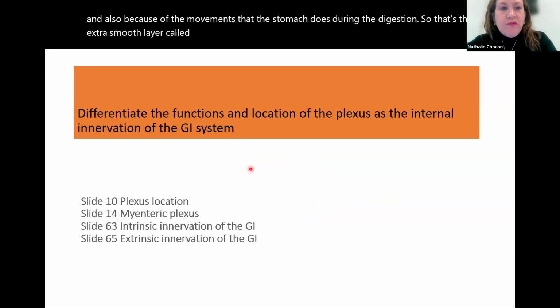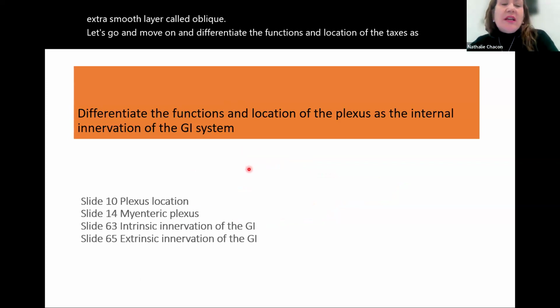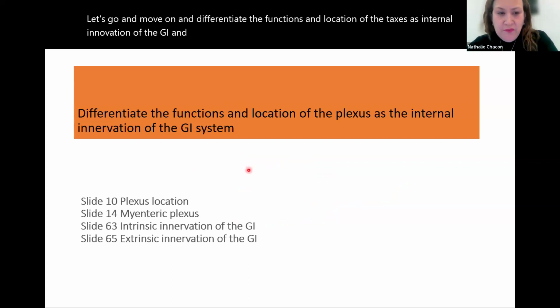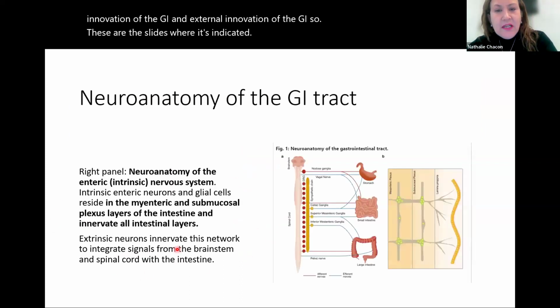Let's go and move on and differentiate the functions and location of the plexus as internal innervation of the GI and external innervation of the GI. So these are the slides where it's indicated from 10 to 65.